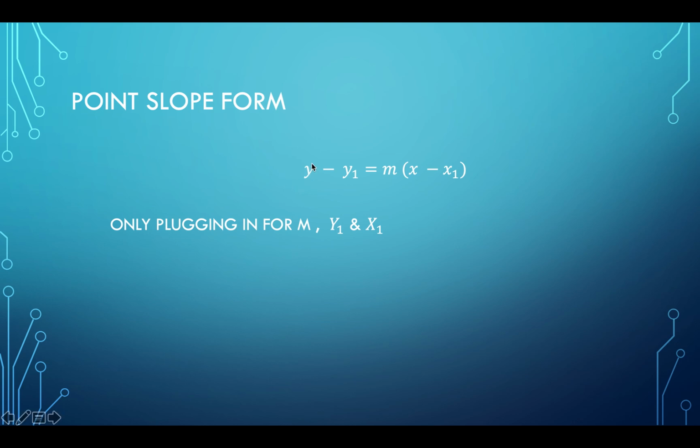This y here and this x here don't get touched. They stay exactly as they are. This stays y and this stays x. All we're plugging in for is m, y1, and x1. Your m, which is your slope, your y1 and your x1 will be given to you.